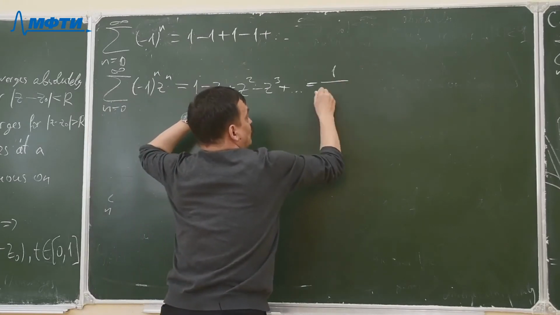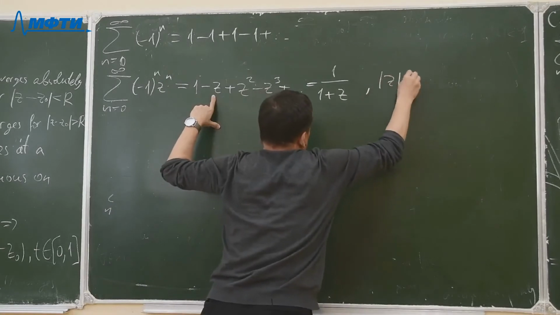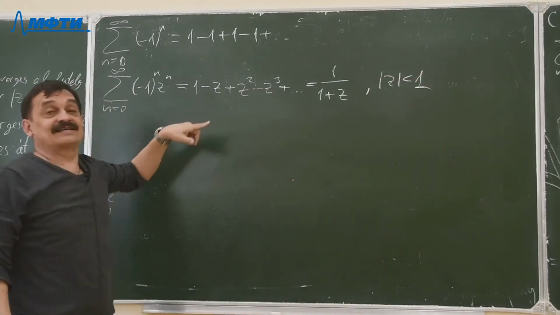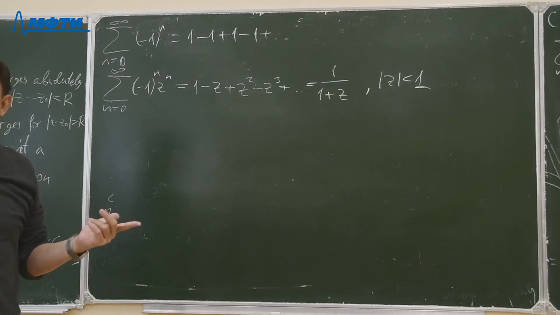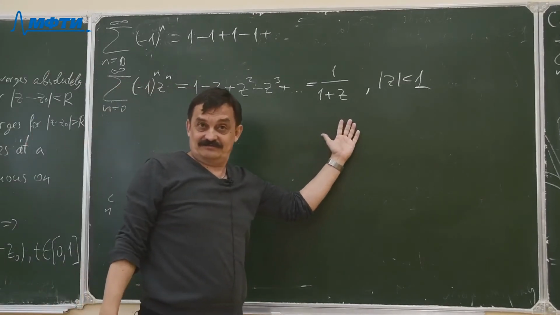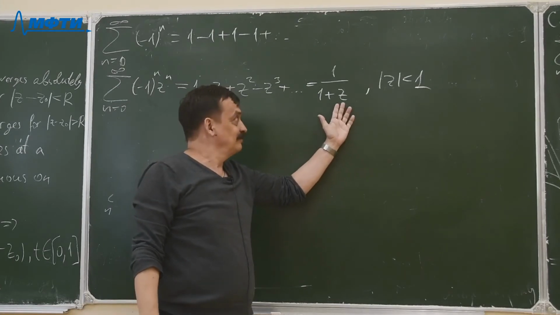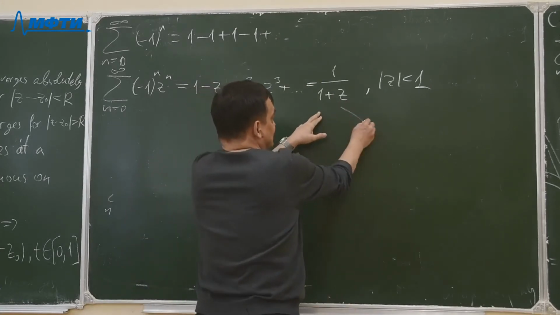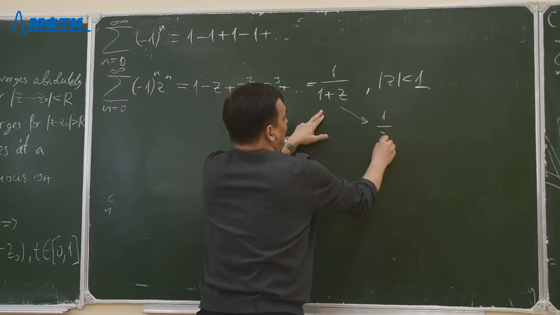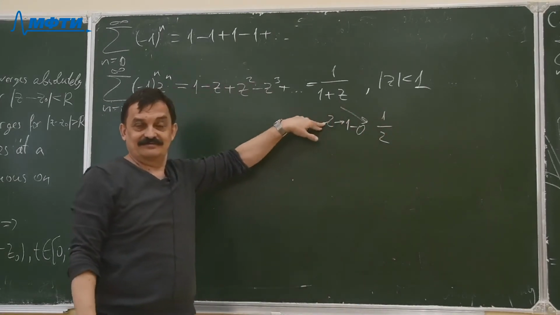So 1 over 1 plus z, of course valid for modulus of z strictly less than 1. But look at the function: it is continuous at z equal to 1, so this tends to 1/2 as z tends to 1 minus 0.